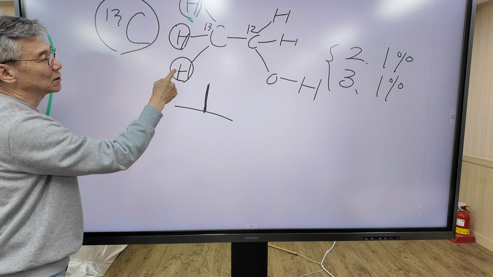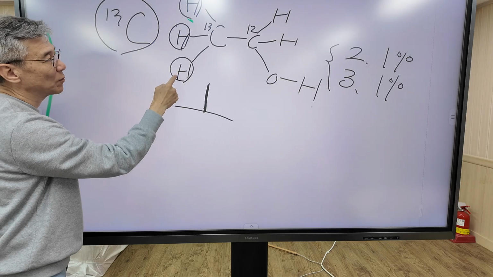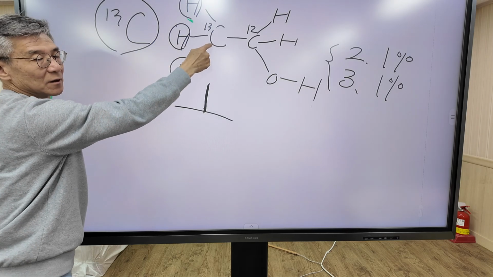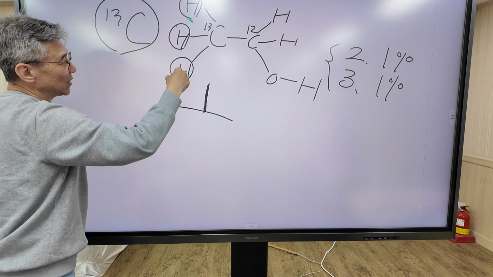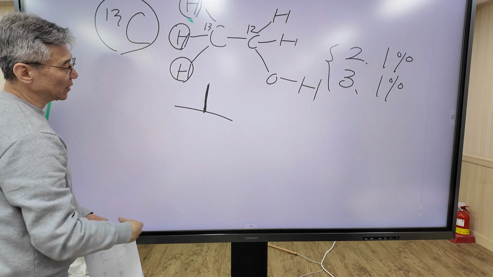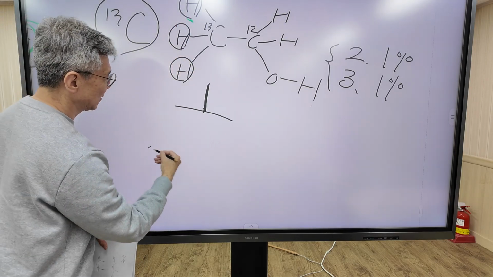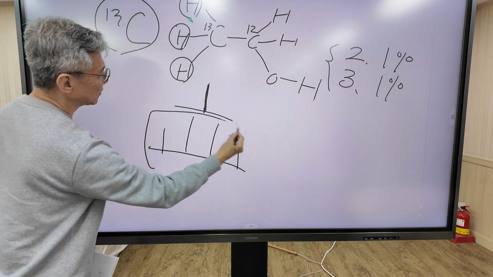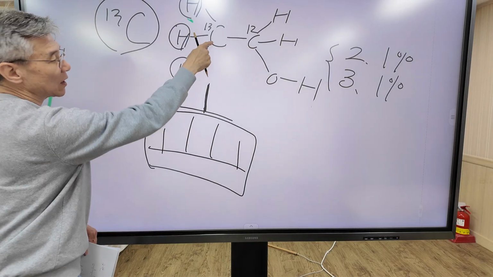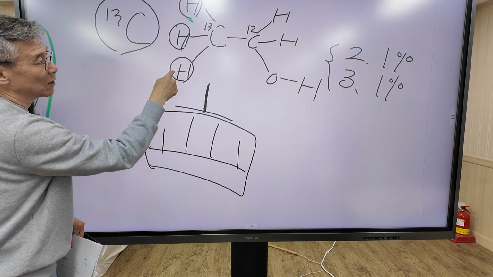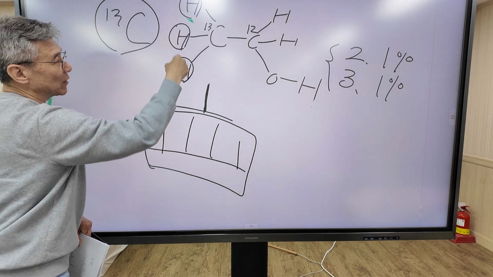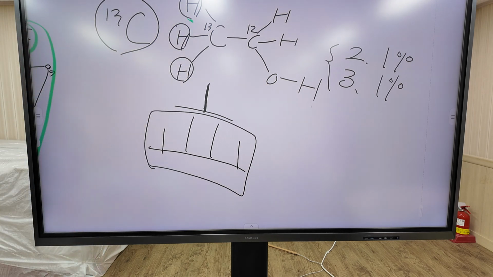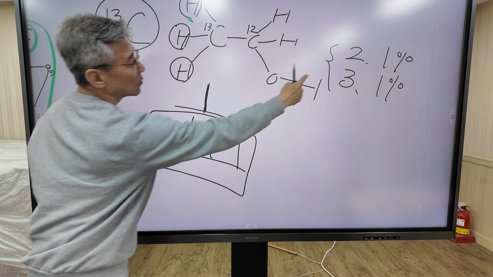So this hydrogen can be coupled to carbon 13. Due to these 3 equivalent protons, this peak is split into a quartet, 1, 3, 3, 1. This is the actual spectrum, which comes from carbon 13 because of the coupling due to 3 equivalent hydrogens. This is the spectrum due to molecule 2.